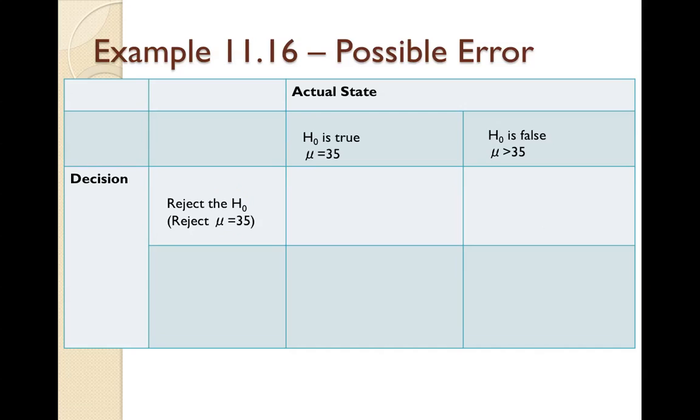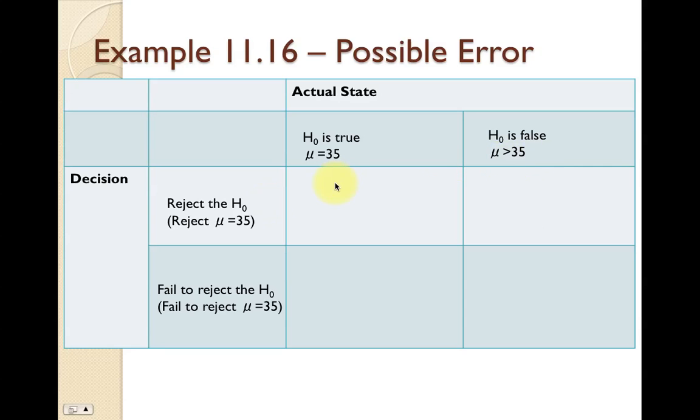The decision that could come out of a hypothesis test is either that we're going to reject the null hypothesis, which means reject that mu is 35, or we're going to fail to reject the null hypothesis, failing to reject that mu is 35.